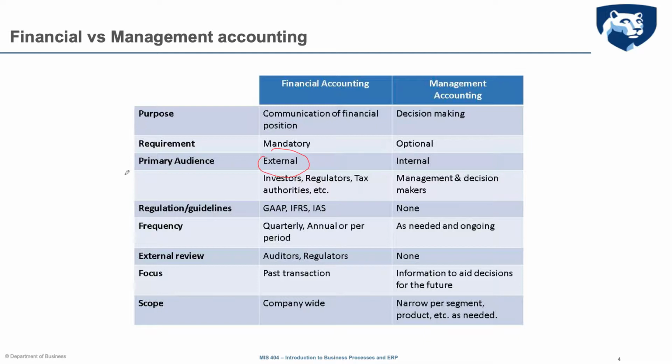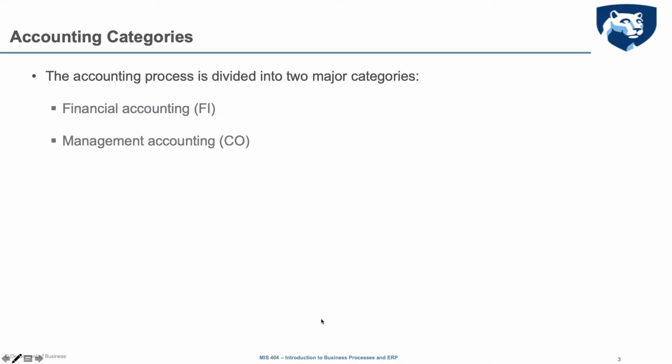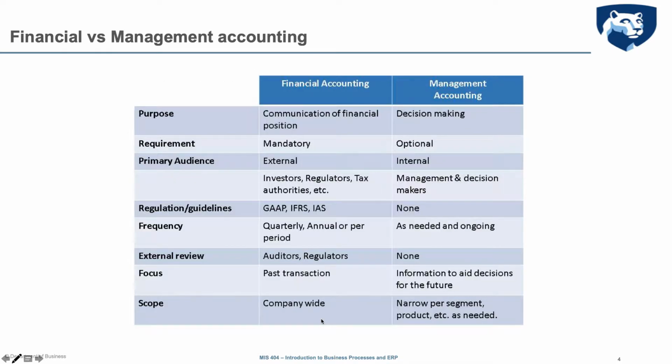So the focus is on past transactions, and the scope is the whole company. Financial accounting is everything that produces the income statement, the cash flow statement, the balance sheet, and everything that you can access, for example, from a company website.